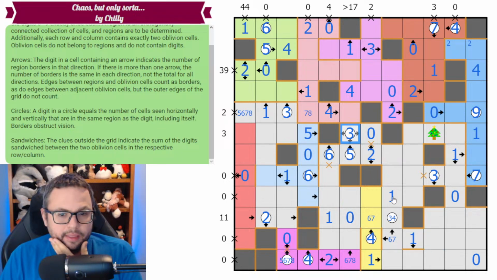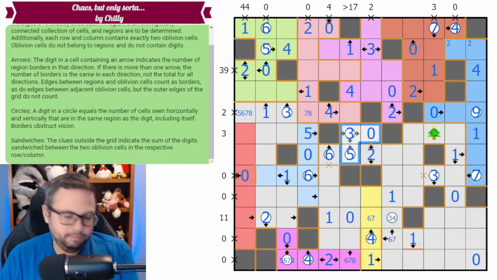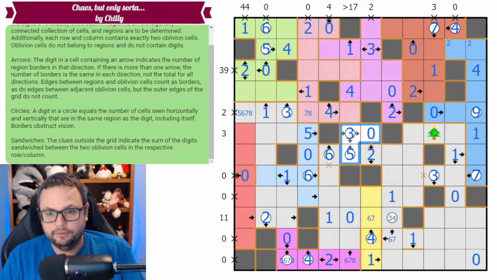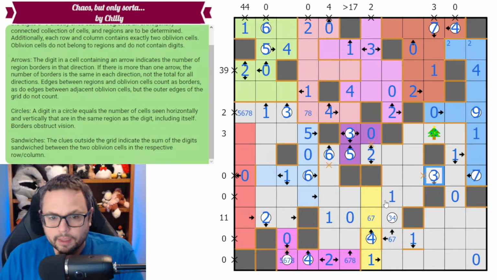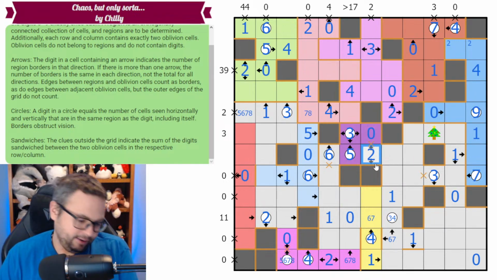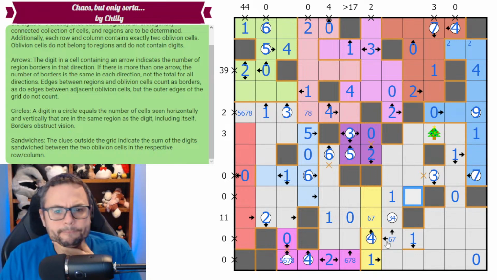Okay, so this 3 circle is now quite forcing, and it can't be any of the extant colors. So let's bring out royal purple. We'll have a very purple sort of day, and this by that X, this is also royal purple.